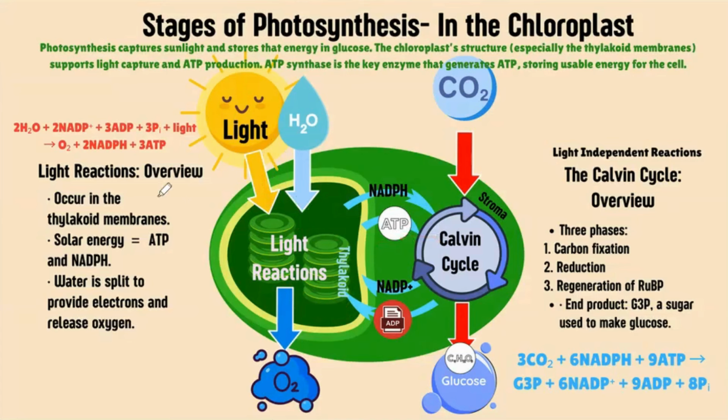So when we think about the reactions, remember it is in the thylakoid membrane. We are harnessing the sun's energy to produce ATP and NADPH. Remember, oxygen is being released because we're taking the hydrogen and placing it onto the NADP that was previously provided from the Calvin cycle.